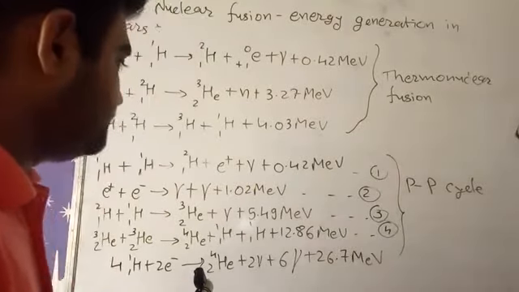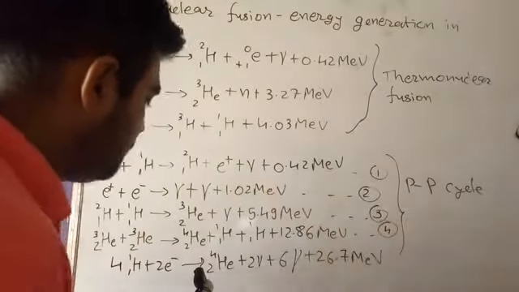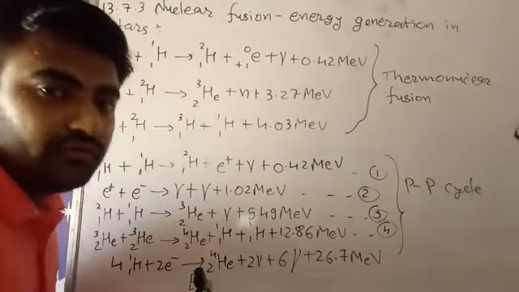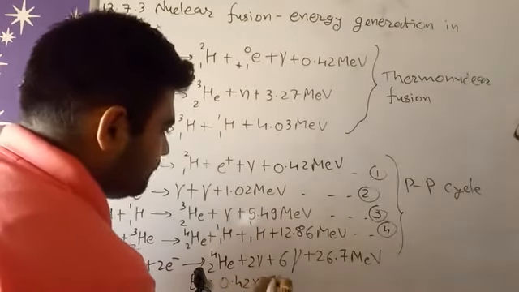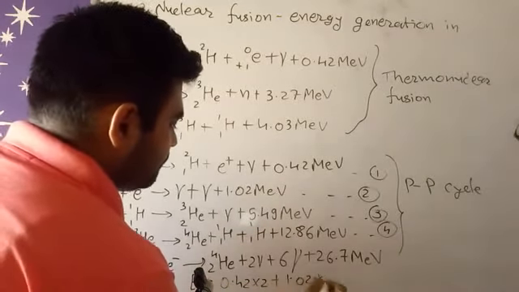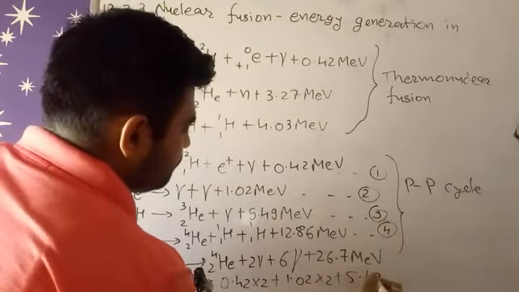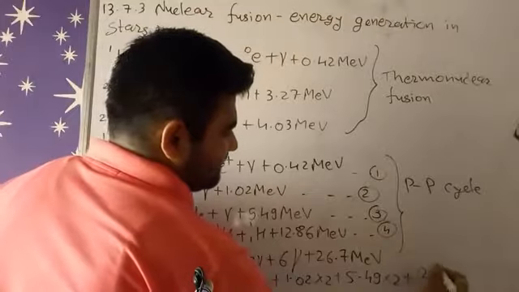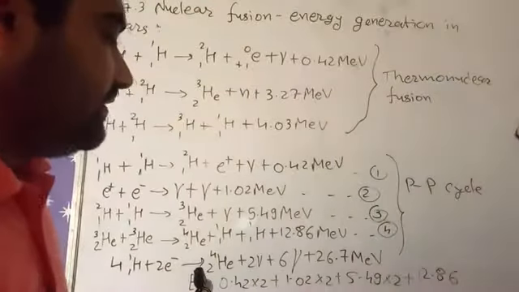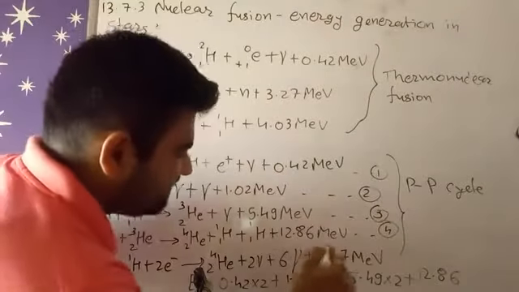If we want to find the total energy, then I have to write E is equal to 0.42 into 2 plus 1.02 into 2 plus 5.49 into 2 plus 12.86, right? Then we get this amount of energy.